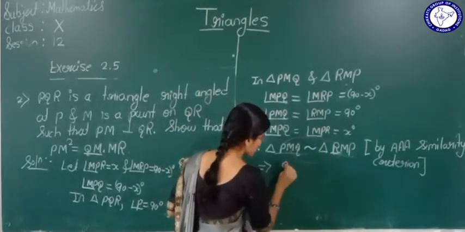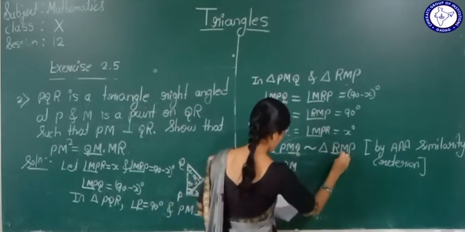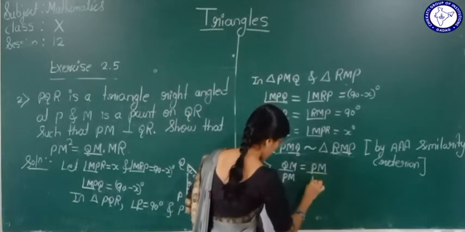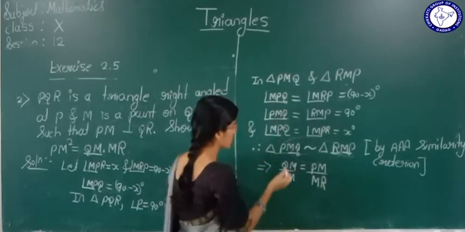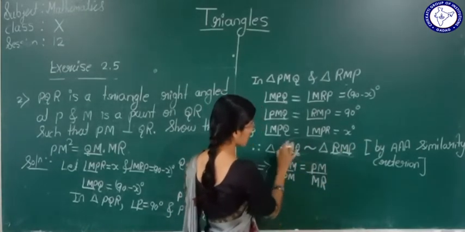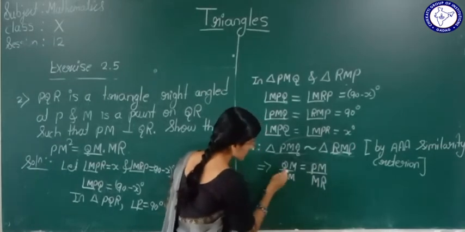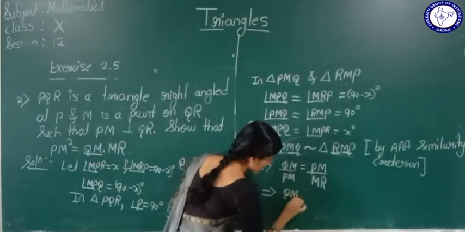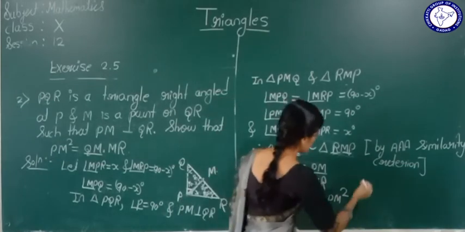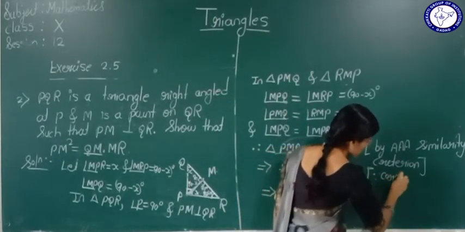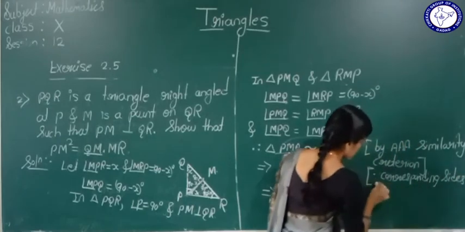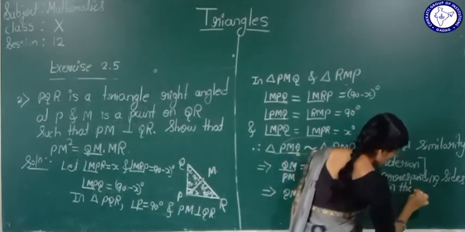So QM by PM is equal to PM by MR. Cross multiplying, QM into MR is equal to PM square, because in similar triangles, corresponding sides are in the same ratio.